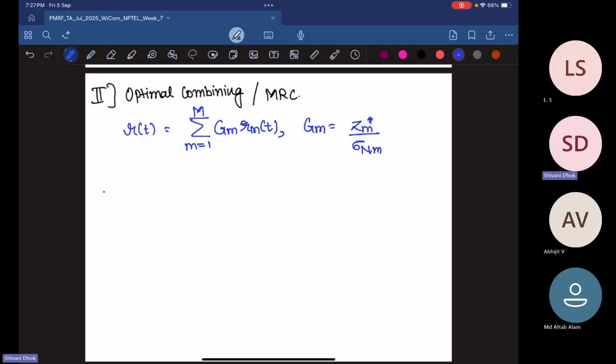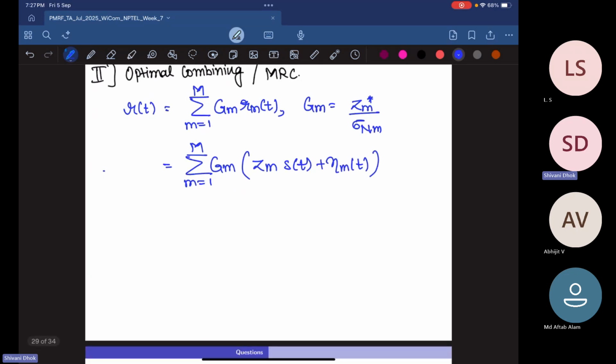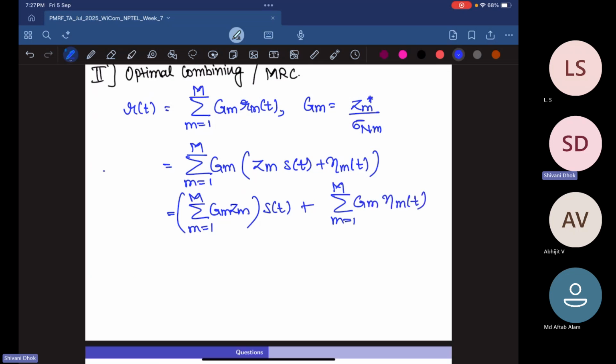So therefore your gamma MRC comes out to be equal to, let's do it in a good way. So this is equal to summation m equal to 1 to capital M Gm into Zm S of t plus eta m of t, which is equal to summation m equal to 1 to capital M Gm into Zm S of t plus summation m equal to 1 to capital M Gm into eta m of t.